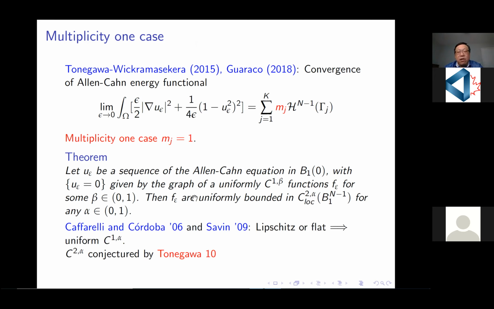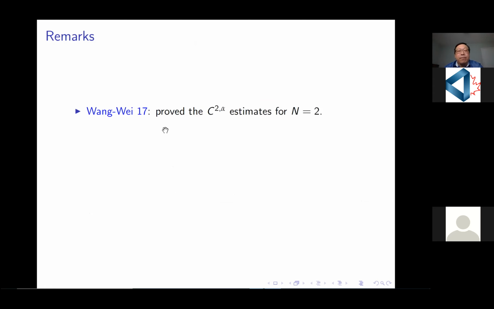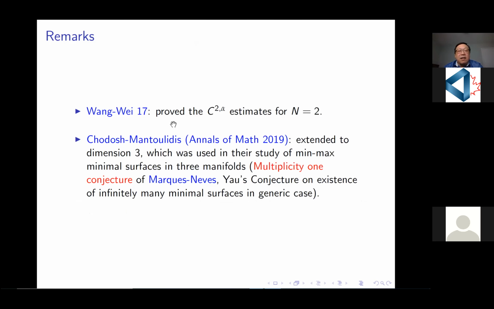Now, how do we get C1 alpha? You can show that your nodal set is a Lipschitz or flat graph, then you get C1 alpha. We proved this C2 alpha estimate in dimension 2 first, and then we used this C2 alpha estimate to give a classification: finite Morse index implies finite ends in dimension 2.